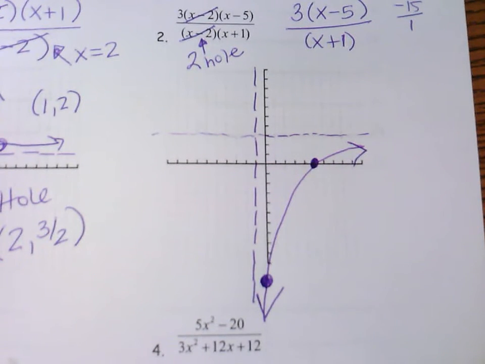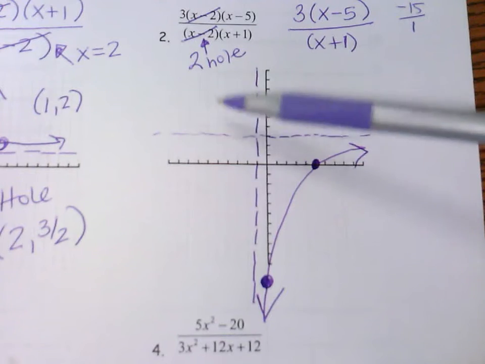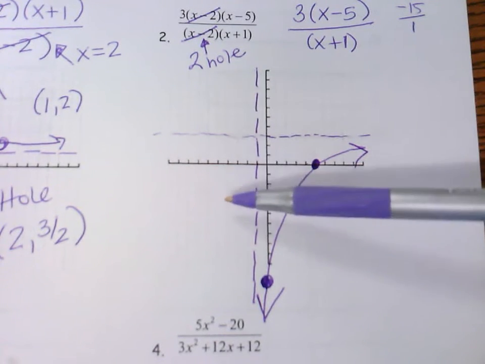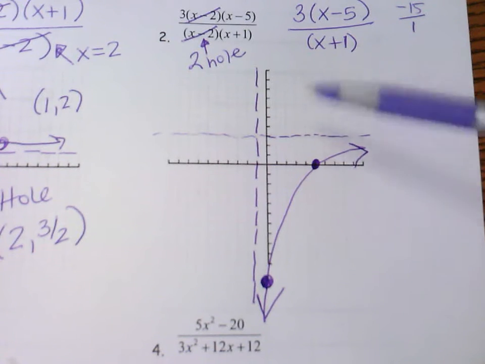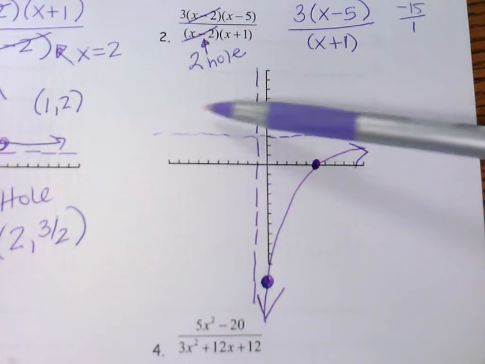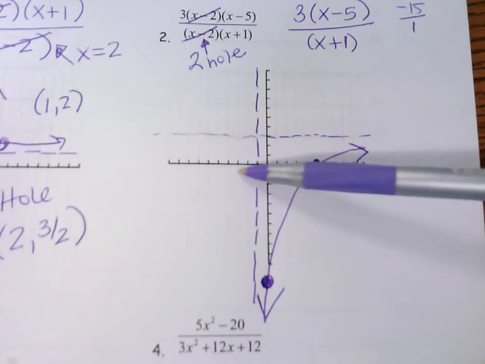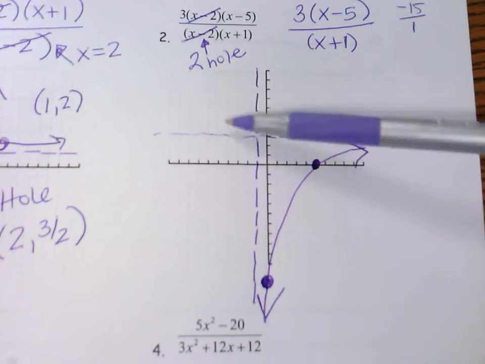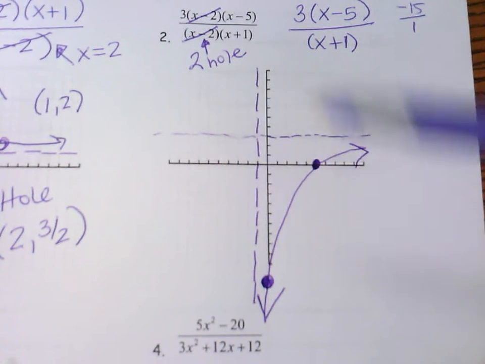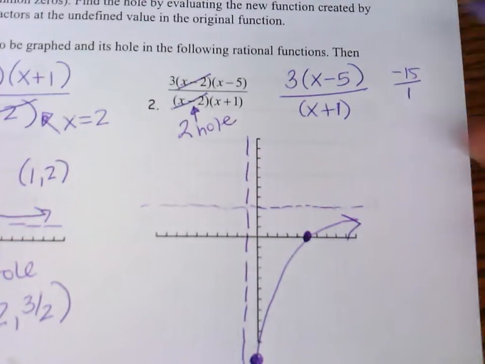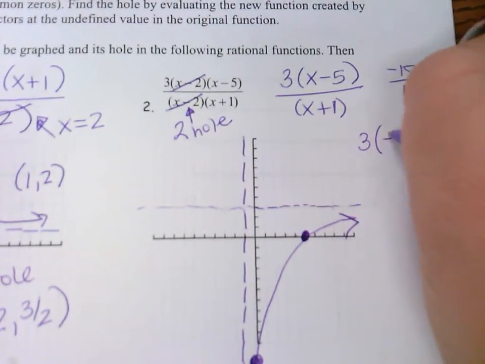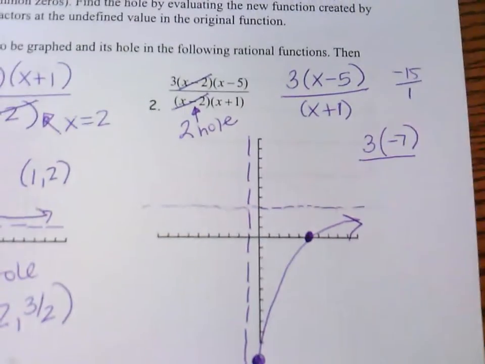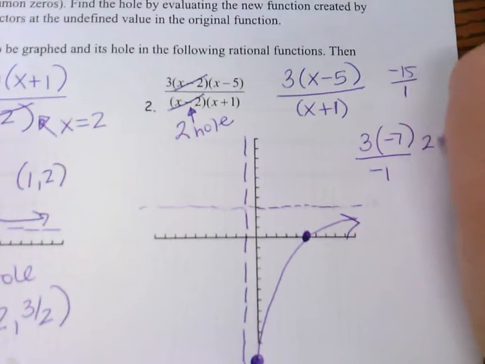So I'm guessing that my other part of the graph is up here in this top quadrant because there are no other x-intercepts that I know of, and it can't go up here because that would be on top of this section. So I'm going to plug in the point negative 2 because that's on the left side of this asymptote. If I plug in negative 2, I would have 3 times negative 7 divided by negative 1, which is positive 21?